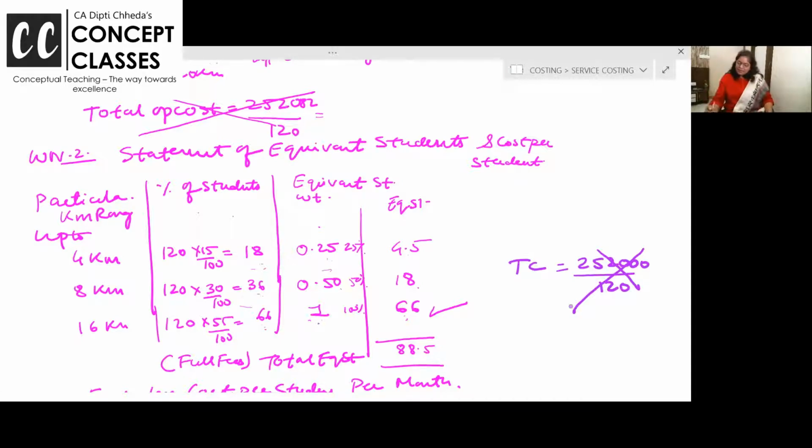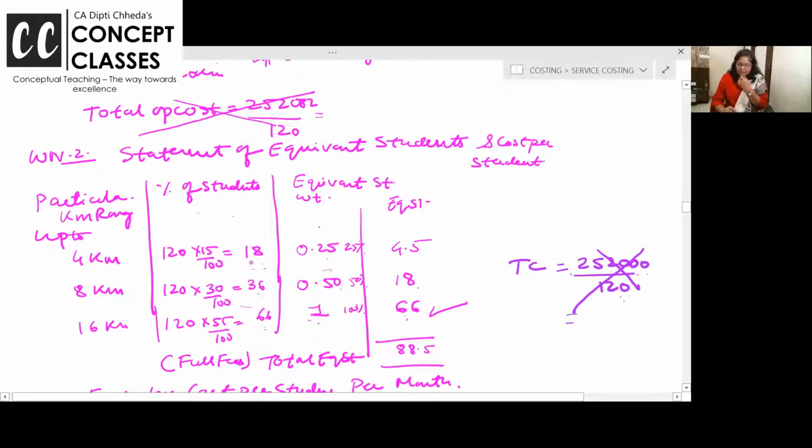ठीक है? 2,52,000. अगर cost of 120 students, you are charging equal cost to every student. They can give you total cost, add the profit, then take it at the freight charge, selling price, whatever you call it. But abhi profit ki baat hi nahi. I can't charge equal cost to all the students.